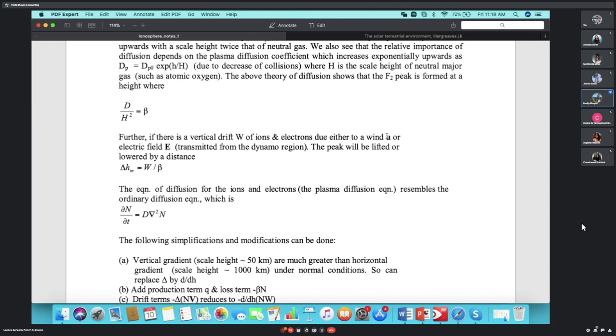Because of the wind and the electric field E, the peak height of the plasma effusion, which corresponds to these two values, d by h square equal to beta, will be lifted or lowered by a distance delta hm, w by beta.